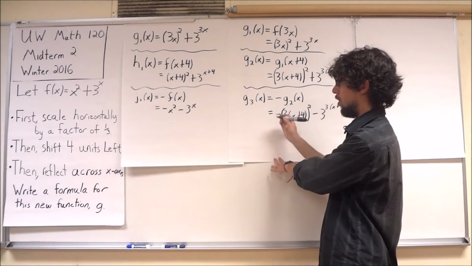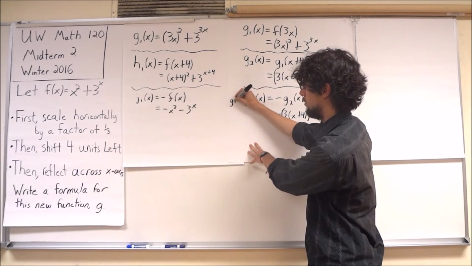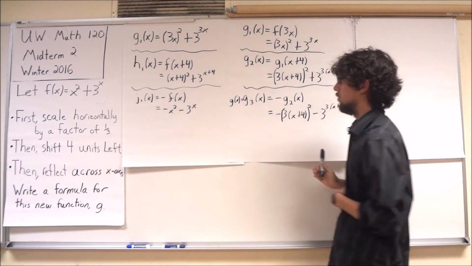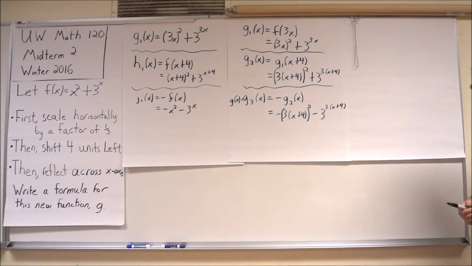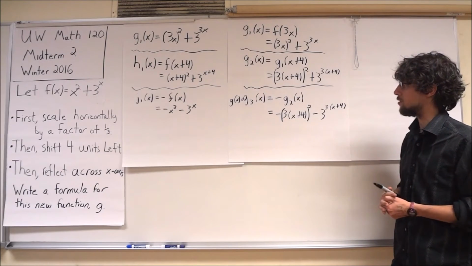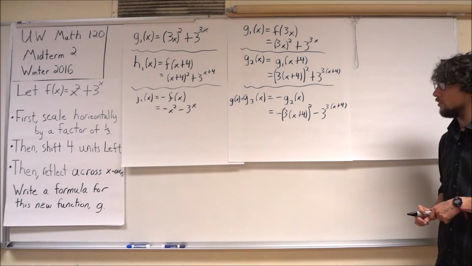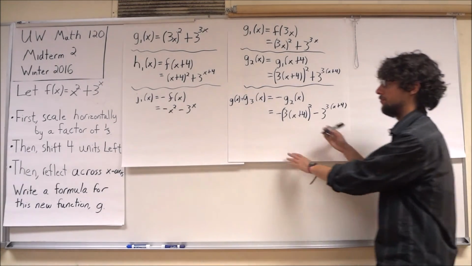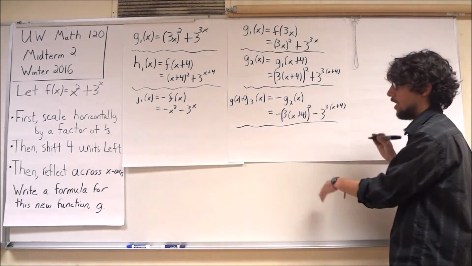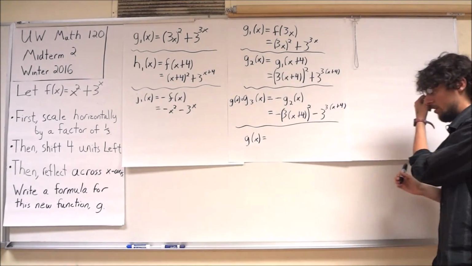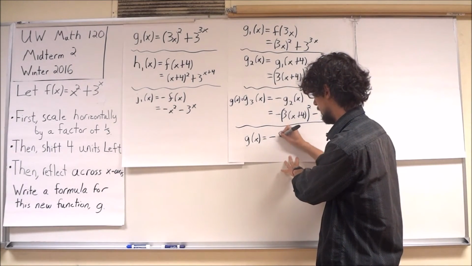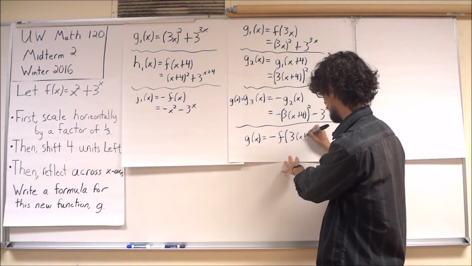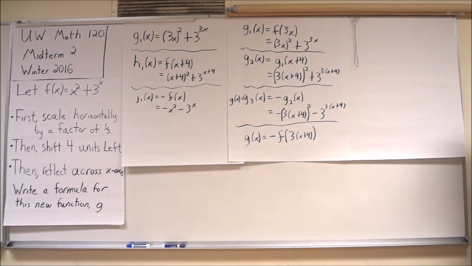And this is what we'll call g of x. So here is my function after all of these transformations. Writing this all in one step, I could say that g of x is negative f of 3x plus 4.